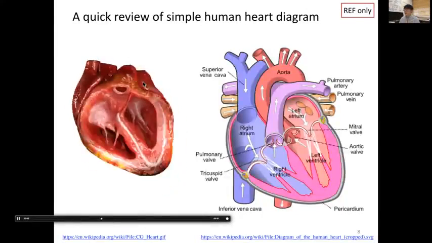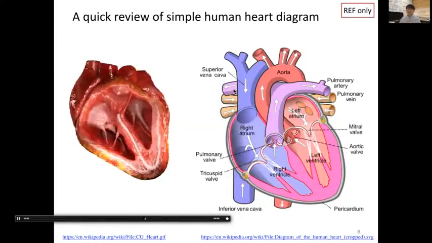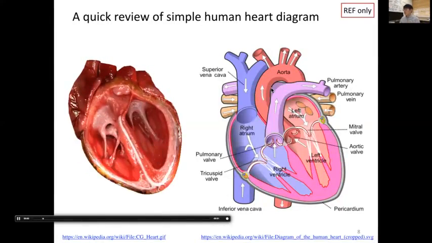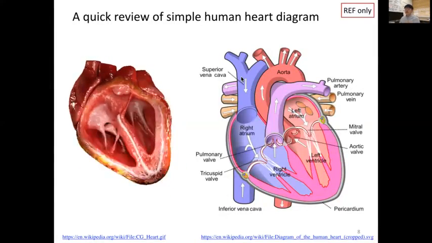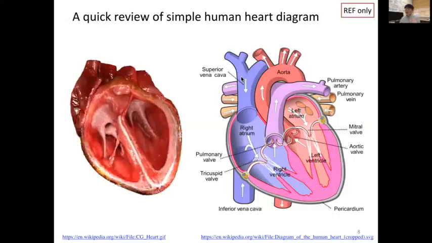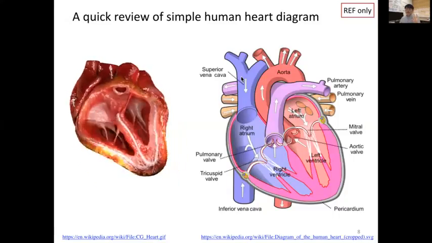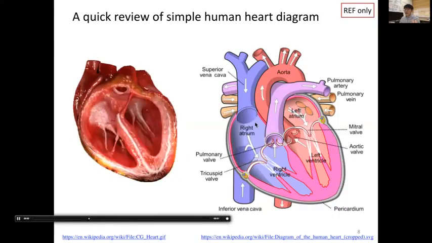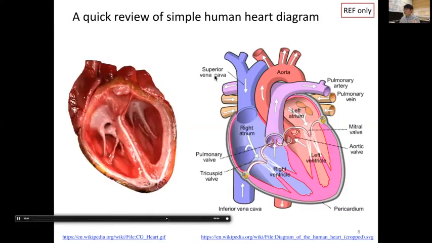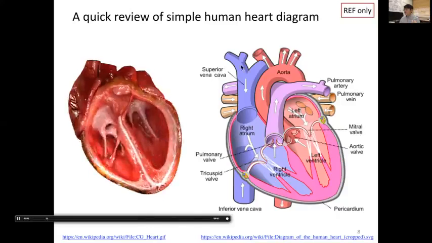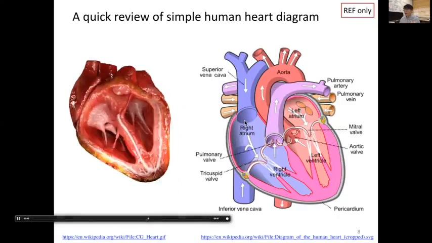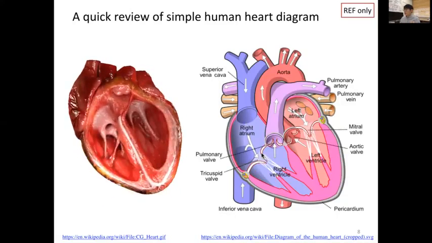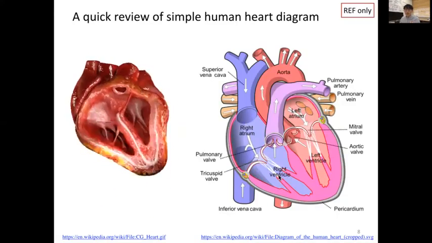Most of you probably know, but in a quick summary, the used blood from our body, which has consumed oxygen and nutrients, comes into the right atrium via the superior or inferior vena cava, and that blood passes through this valve into the right ventricle.